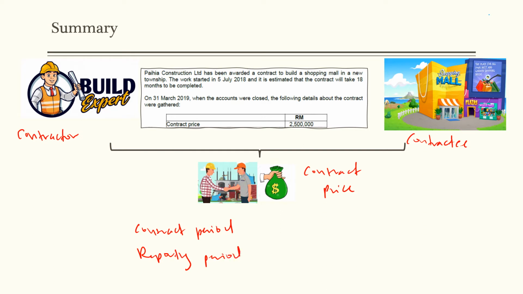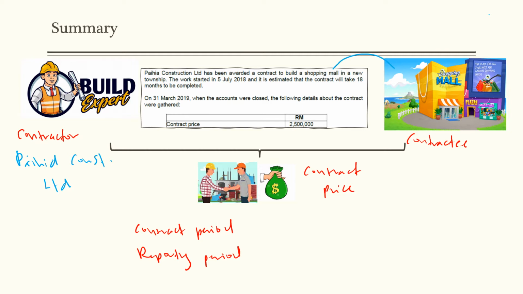Based on this question, let us identify who the contractor is. The contractor is the one who undertakes the contract job. So in this case, the contractor refers to Paihia Construction Limited. While the contractee is the owner of the project, or the one who enters into the contract with the contractor.